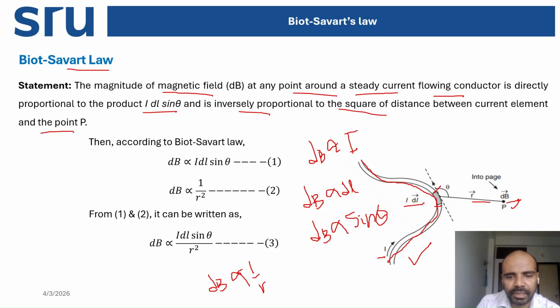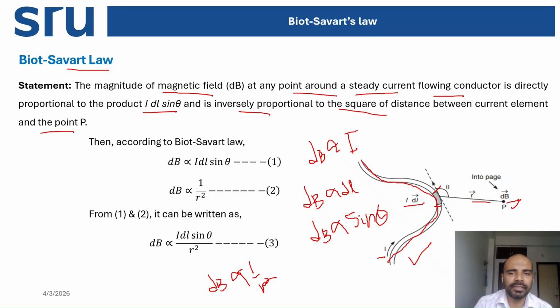You can see that R is the distance between the current element and the field point P, where you need to calculate the magnetic field. So dB is inversely proportional to 1 by R square, right?